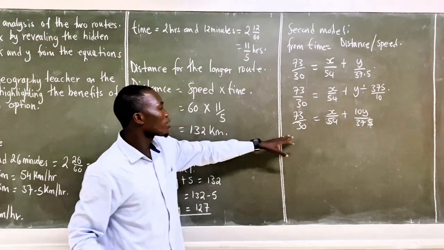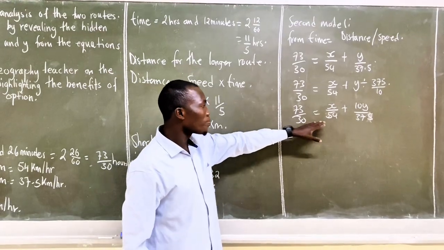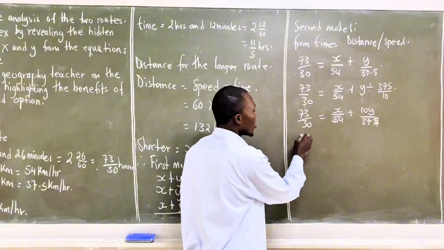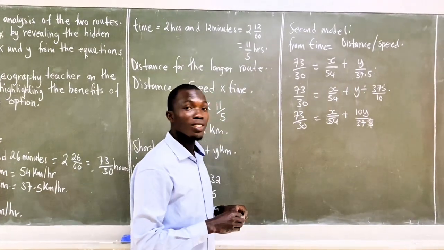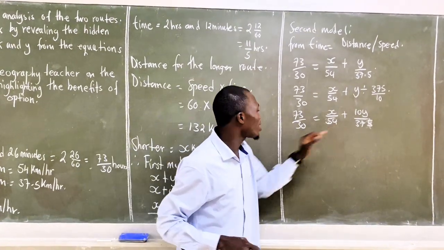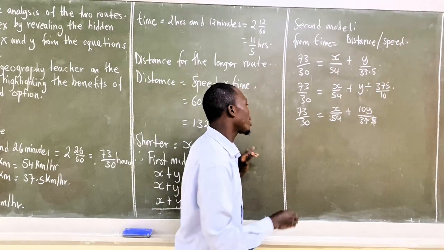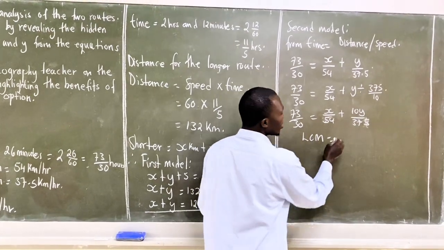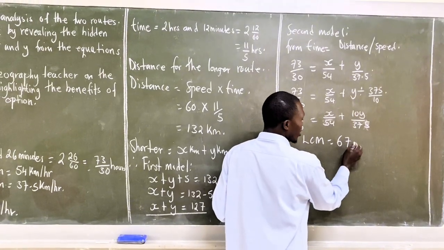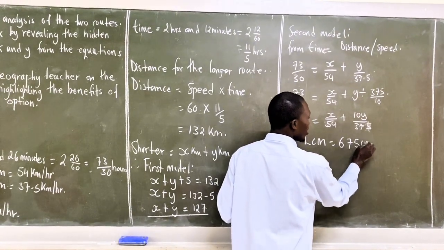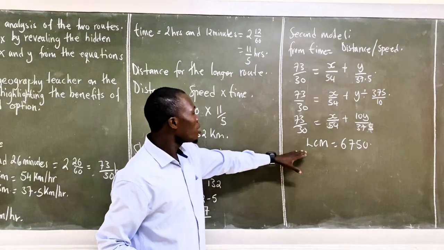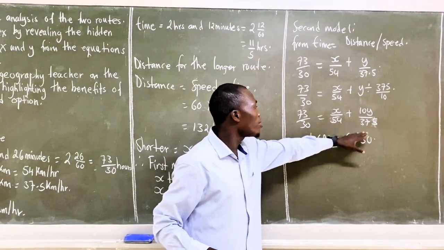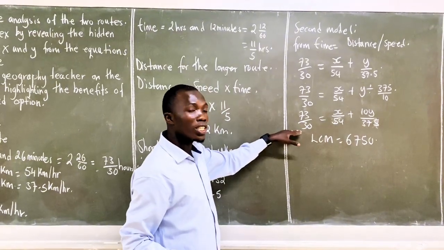Then from here I can now get the LCM of 30, 54 and 375, of which that would be a task to you to get the LCM of these three numbers. So the LCM, if you calculate it out, it will be 6,750. So we shall multiply through everything here by this LCM such that we don't have these denominators.